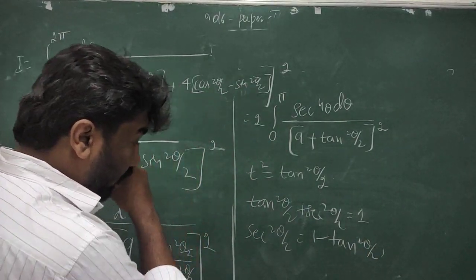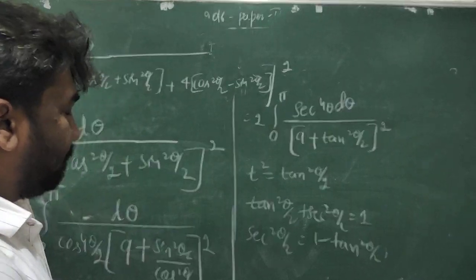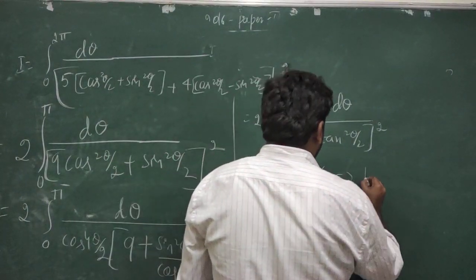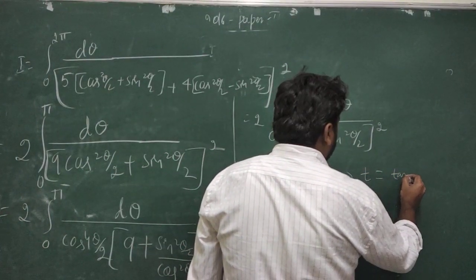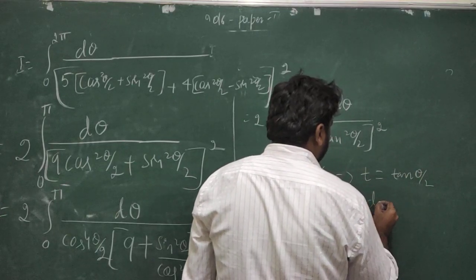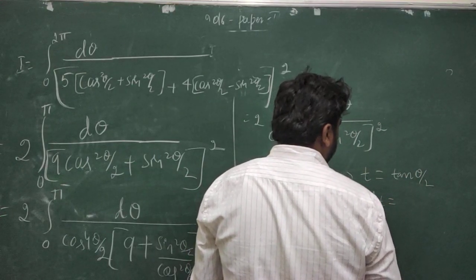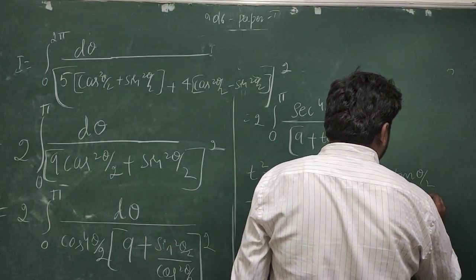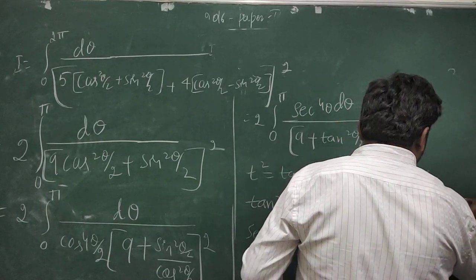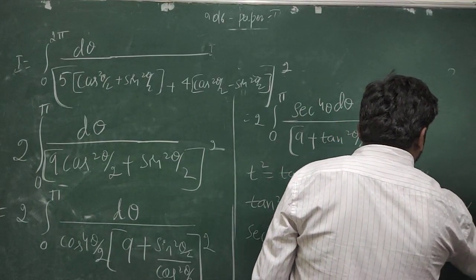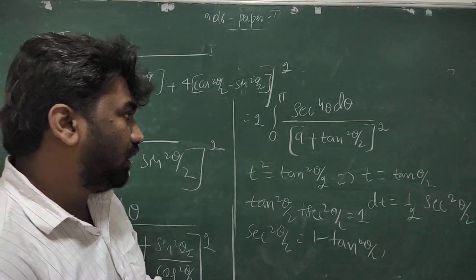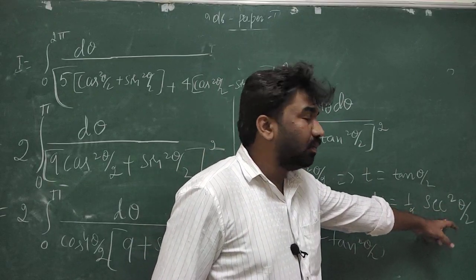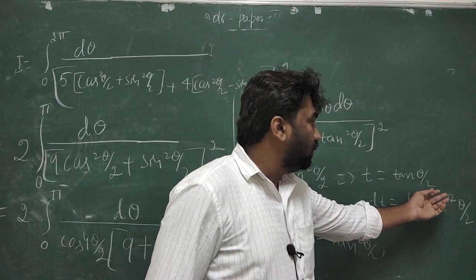Next, if t is equal to tan theta by 2, then dt is equal to the differentiation: 1 by 2 into secant square theta by 2 into d theta, because the derivative of tan theta is secant square theta, but since the angle is theta by 2, we take into 1 by 2.